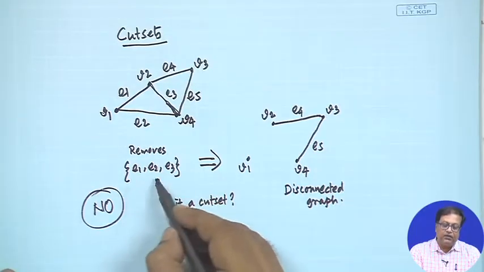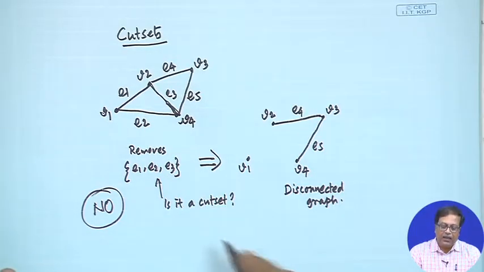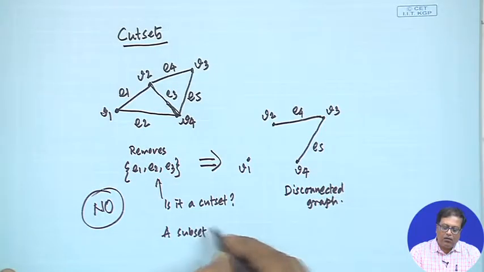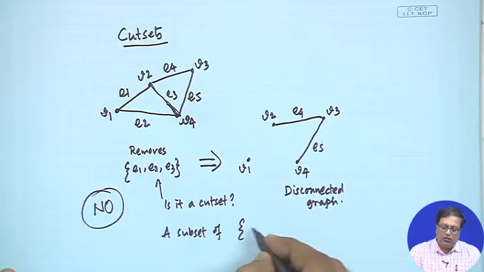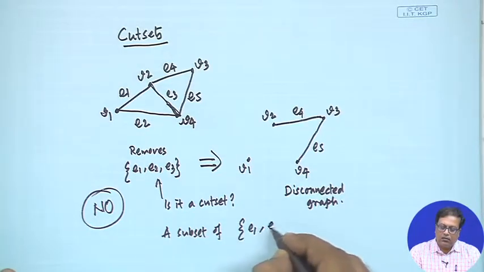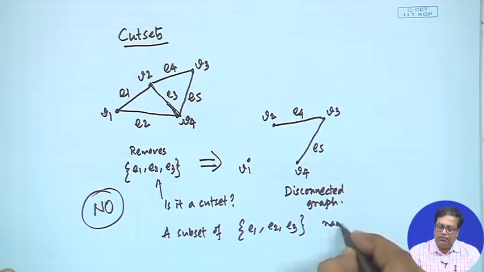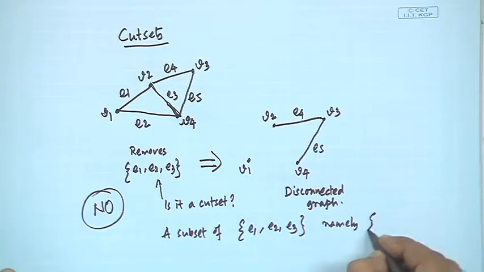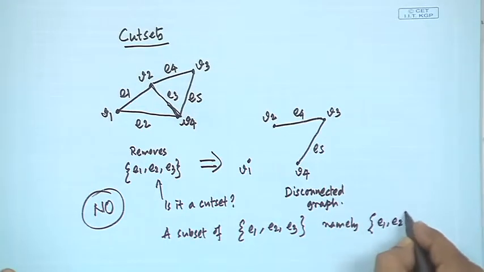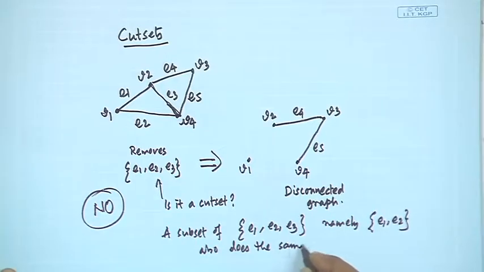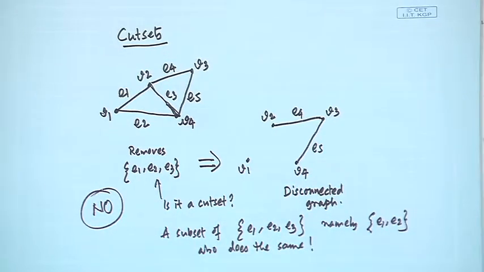Because a subset of E1, E2, E3, namely E1 and E2, also does the same.